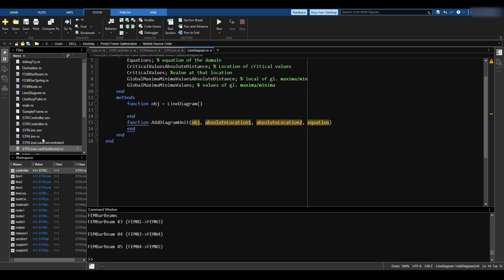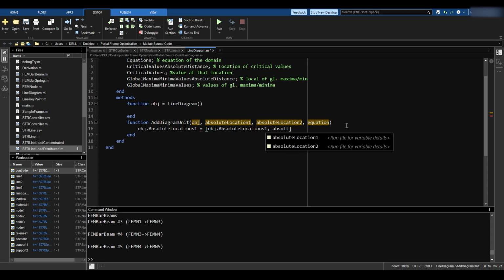And in that case, I would just add those things into the storage system, meaning that object.absolute locations 1 is gonna equal the old object.absolute locations 1, added to it the new absolute location 1.